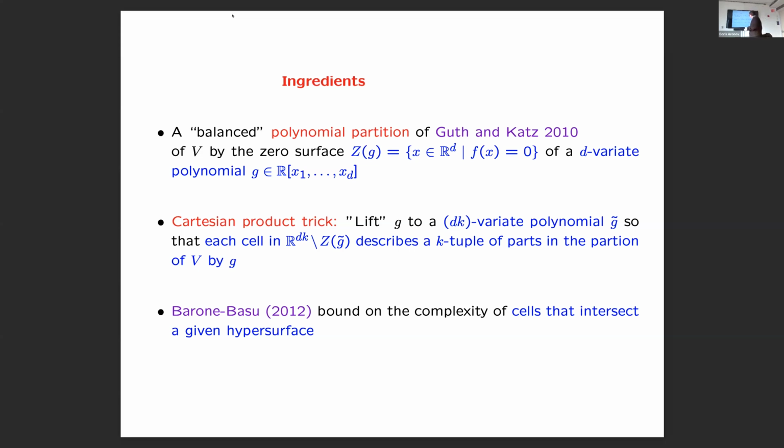And this is actually inspired by the work of Bukh and Vasilevsky, who studied the same-type lemma. And we also use the Barone–Basu bound on the complexity of cells in the polynomial partition that intersect a given hypersurface of small degree.